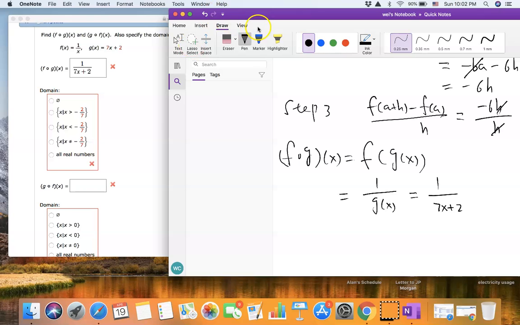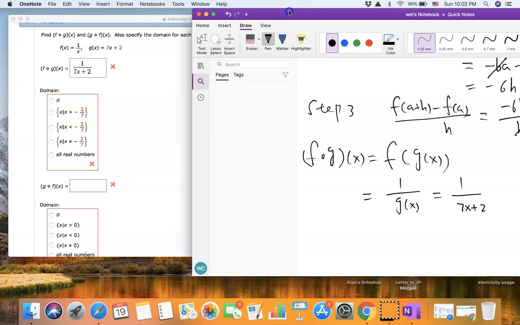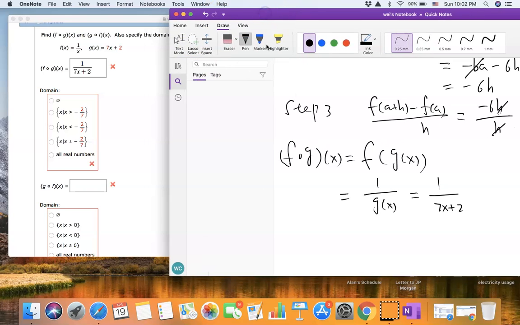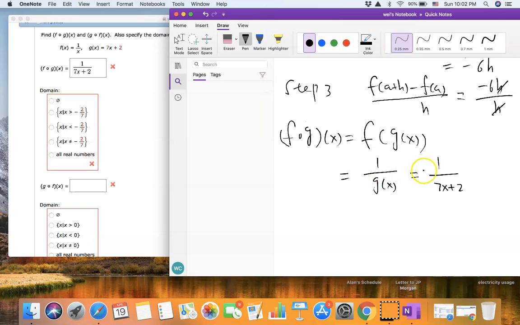Okay, now next, we want to consider what is the domain of this function. Since this composite function we can say is a rational function, right? And we said if a function is a rational function, then the domain will be any number except the numbers that will make the denominator be 0.